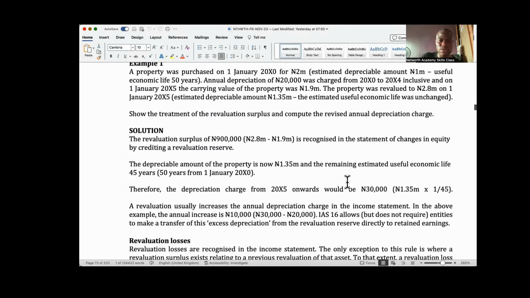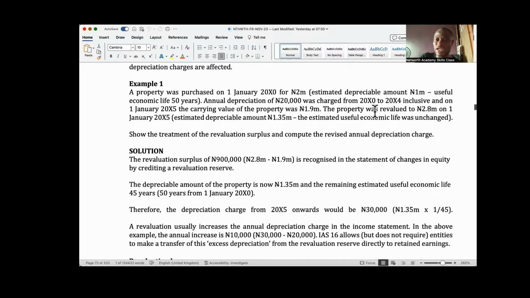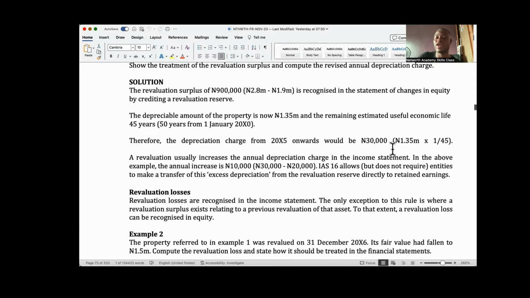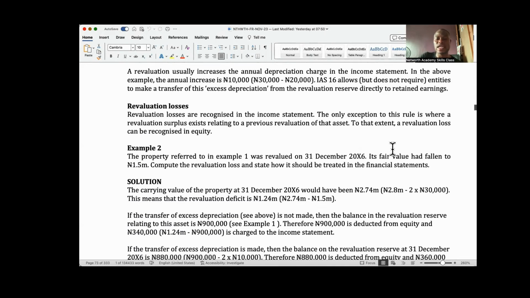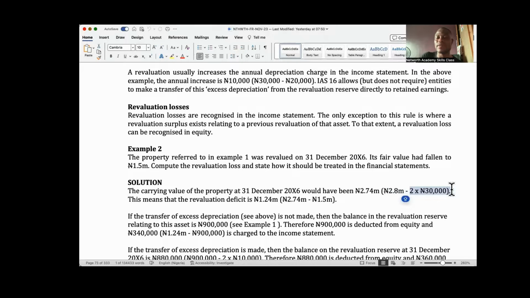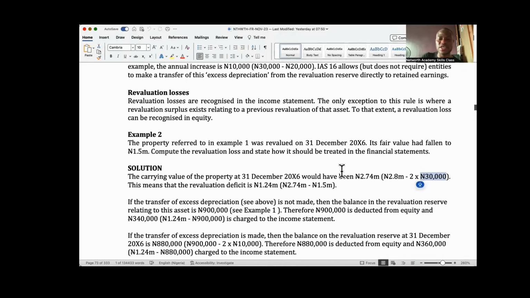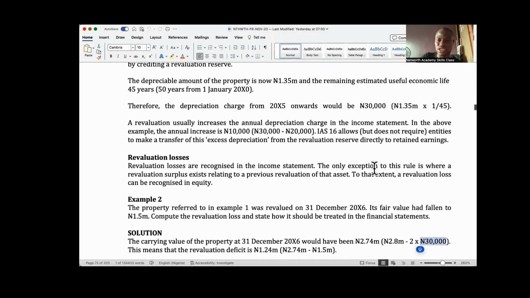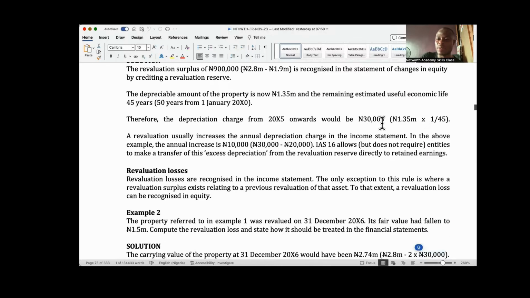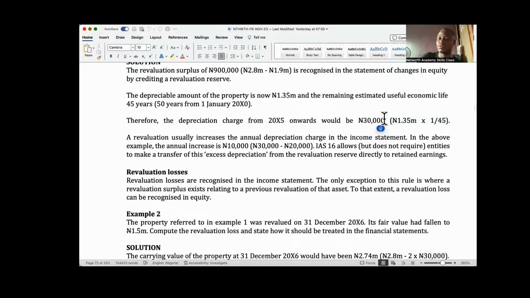In the last question that we looked at, they revalued the asset in 2005 to 2.8 million, which is now like the updated cost, the new value of the asset. So to get the carrying amount, it is this fair value of 2.8 million minus the accumulated depreciation. And I did 2 multiplied by the depreciation per annum. Why? Because we already calculated in this initial example that our annual depreciation going forward is 30,000.